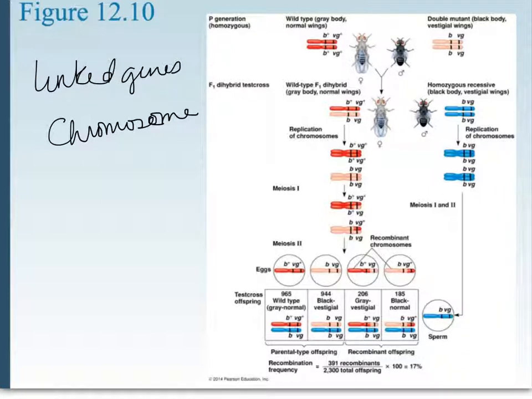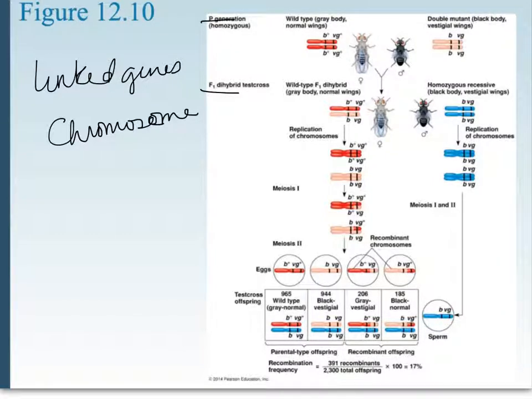When we're looking at linked genes and the data here, remember the goal is to understand how we use this data to figure out how far away these 2 genes are on the same chromosome. This is the diagram that takes you through the process of obtaining data and then what you do with that data. Here we have a P generation and an F1 generation.